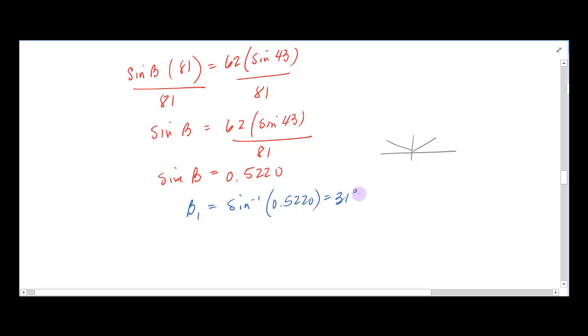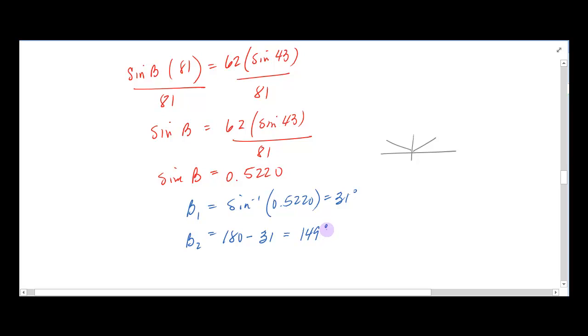Now the second angle, which is going to occur over here in quadrant 2, is going to have to be 180 degrees minus the 31, and that gives me 149 degrees. So these are the two possible angles that I could have for this angle B.